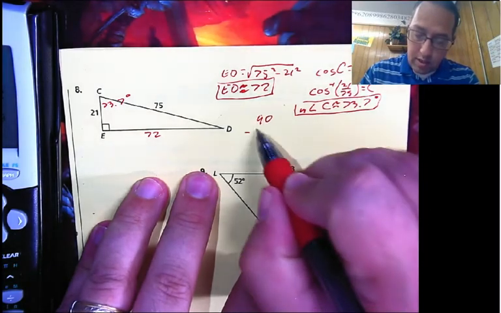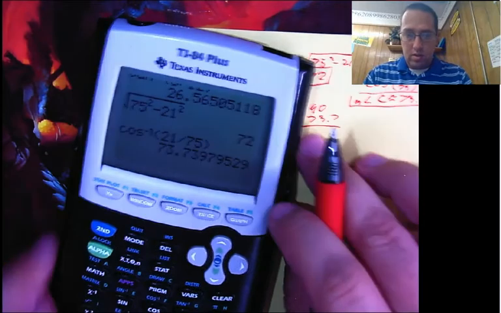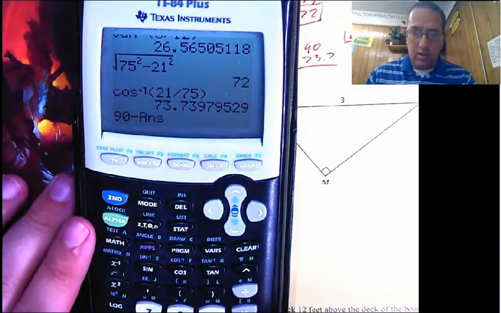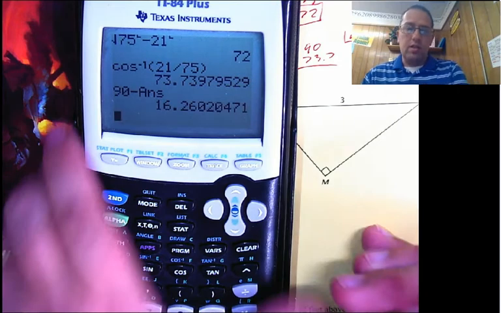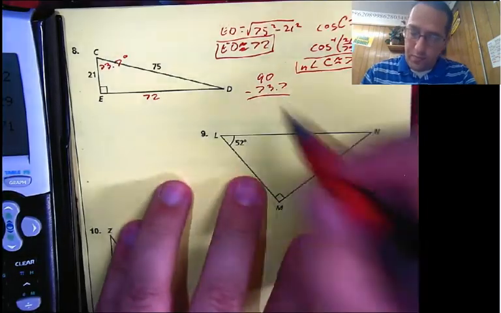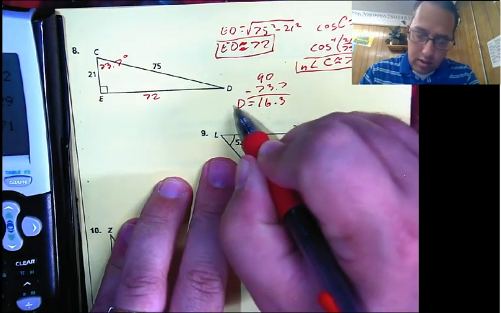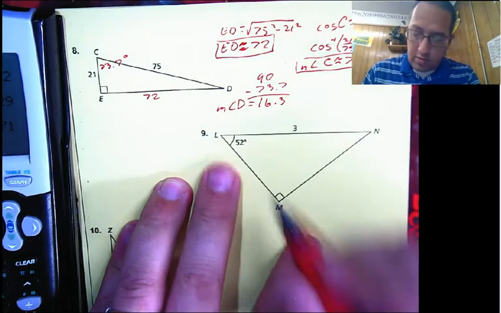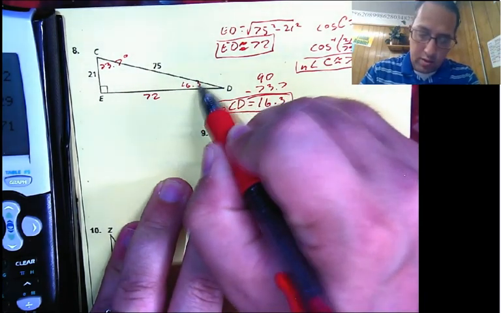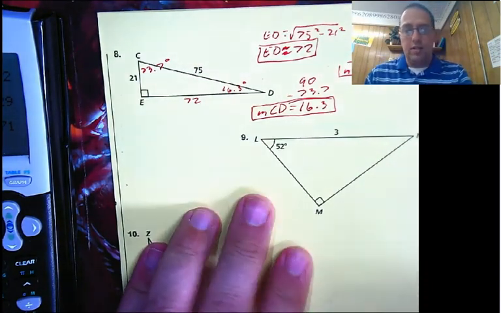So 90 minus 73.7, answer is 16.26, which rounds to 16.3. 16.3 is the measure of angle D. 16.3 degrees. And now we know all 3 angles and all 3 sides.